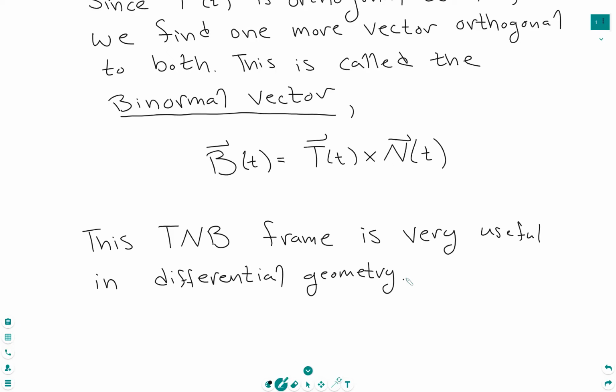Imagine you are on a bus, you're just riding this bus, right? Actually, the whole way that you experience life is in the TNB frame. You don't see it as some outside observer that's got some stationary origin. You experience life in this TNB frame because you yourself are this moving coordinate system. And that's what this TNB frame is like.